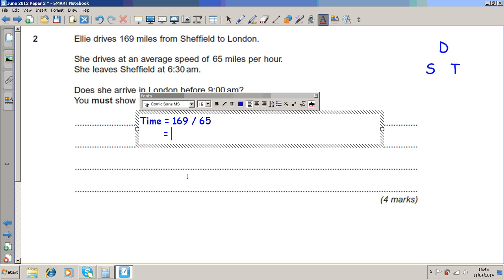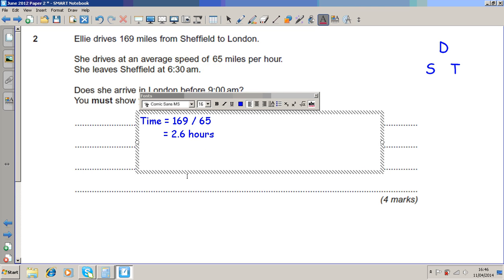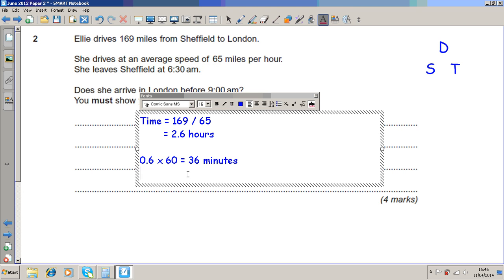So 169 divided by 65 is 2.6 hours. Now we've just got to be careful. What is that in terms of minutes? Well, 0.6 times 60 is 36 minutes. So 2.6 hours is 2 hours and 36 minutes.